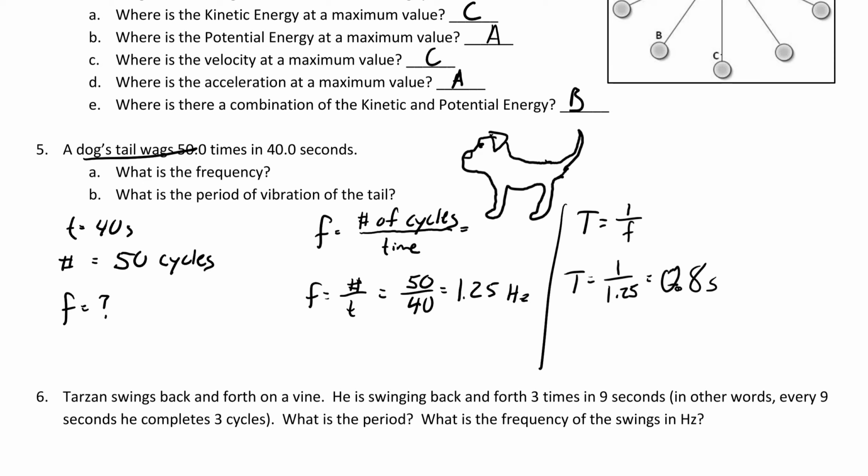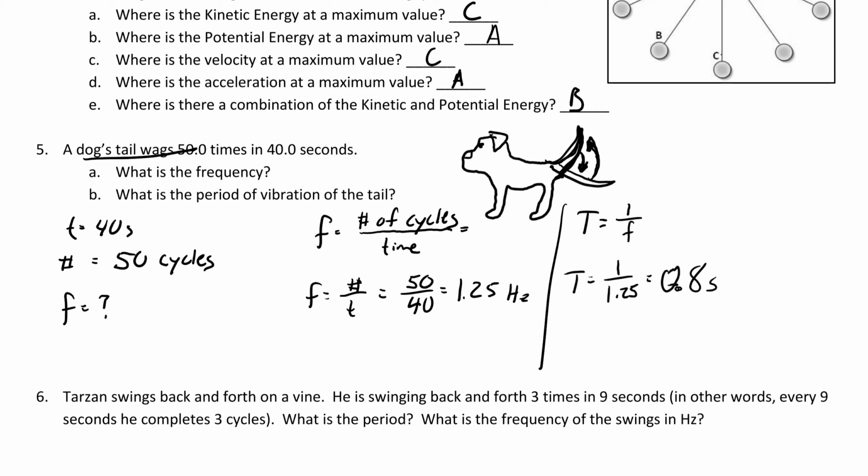So it starts here, then it goes down, and then it goes back up again to its starting position. That is one cycle. So from up, down, and then back up to the starting position. That's one full cycle that we're talking about. Beautiful drawing. I know it makes it super clear.